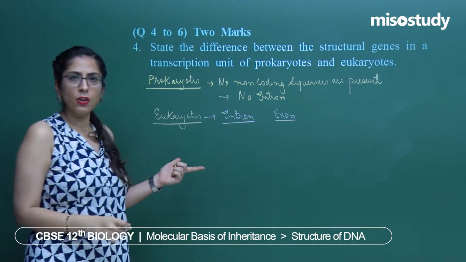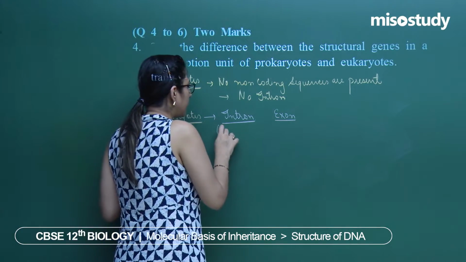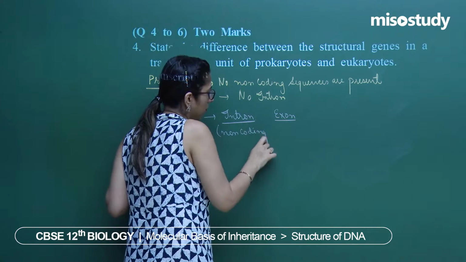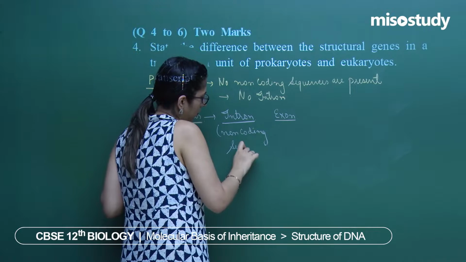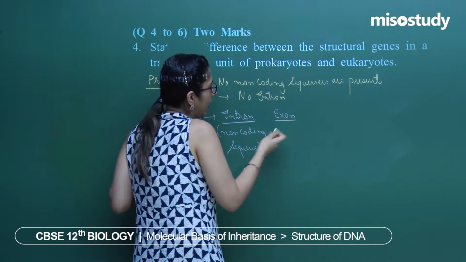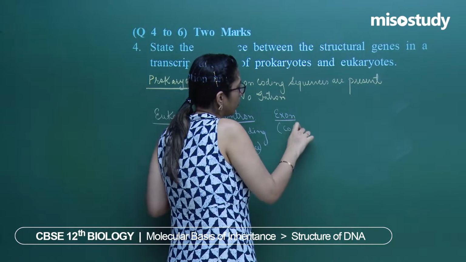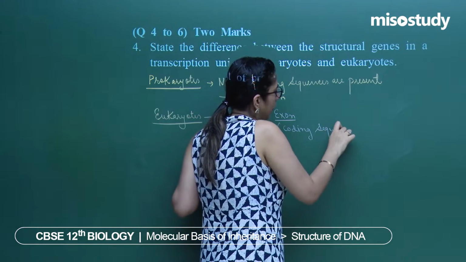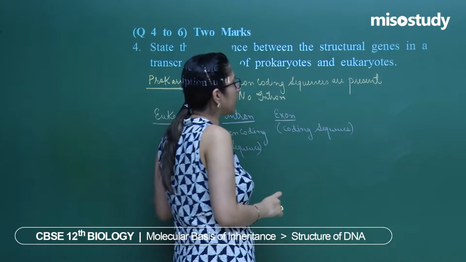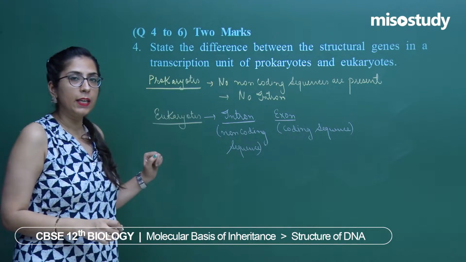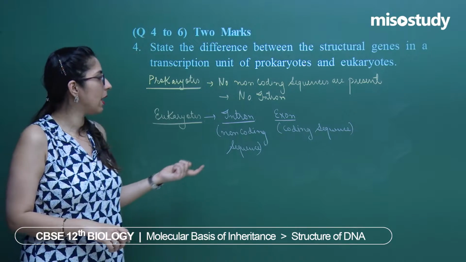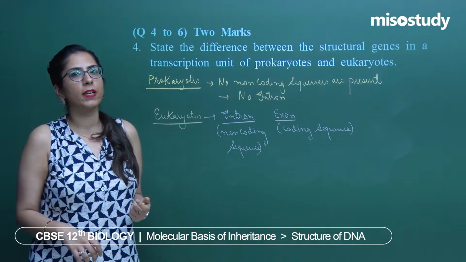Introns are called non-coding sequences, whereas exons are called coding sequences. There is a difference in the significance of each of these. Even though introns are non-coding sequences, they do have a certain significance as well.